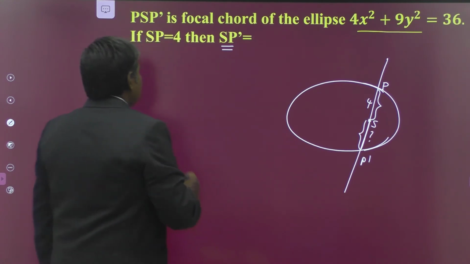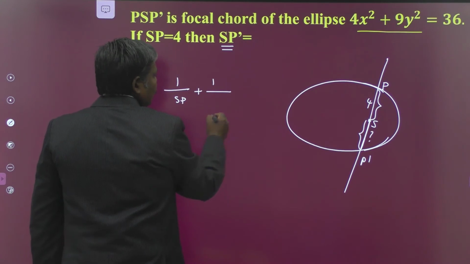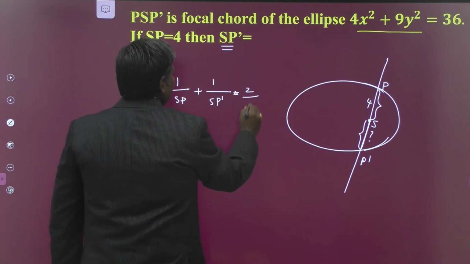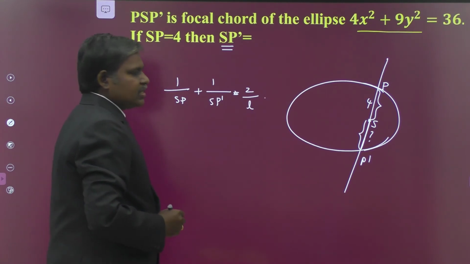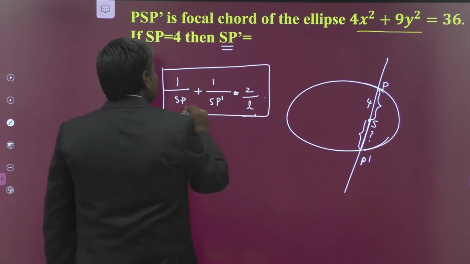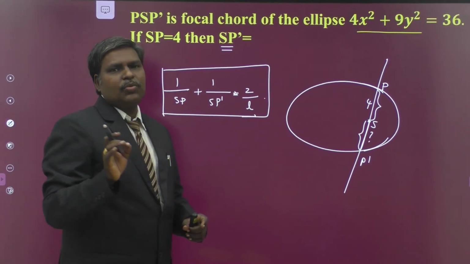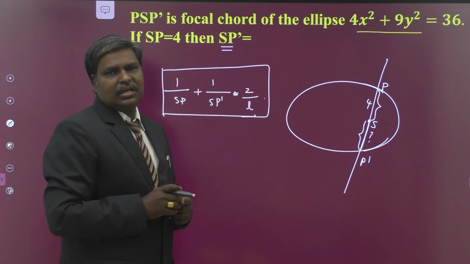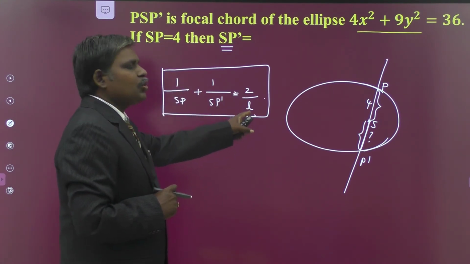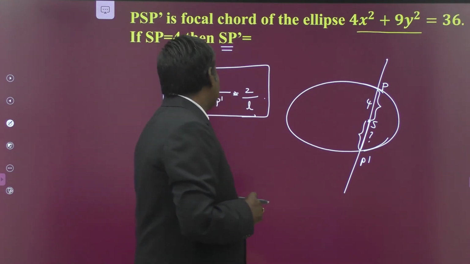We have the result: 1 by SP plus 1 by SP dash is equal to 2 by L, where L is the semilatus rectum. The focal segments and the semilatus rectum are always in harmonic progression. This is the concept, where PP dash is a focal chord of the ellipse.